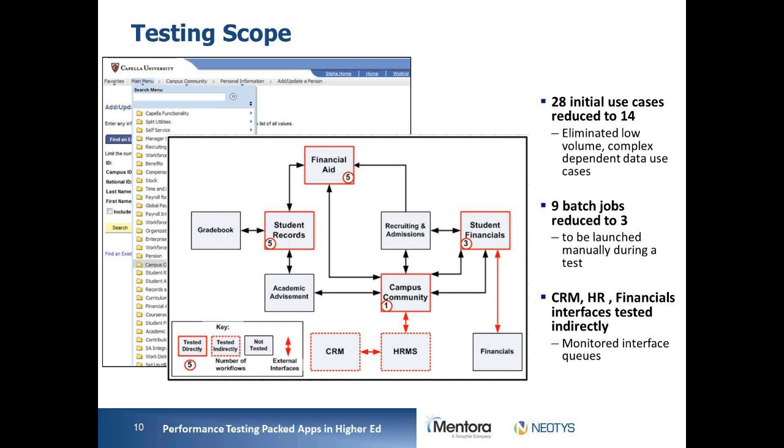We identified 9 batch jobs originally. Those were reduced to 3. And then those red arrows indicate the outside system interfaces that we monitored, again, so that we could determine whether performance issues were propagating outward.